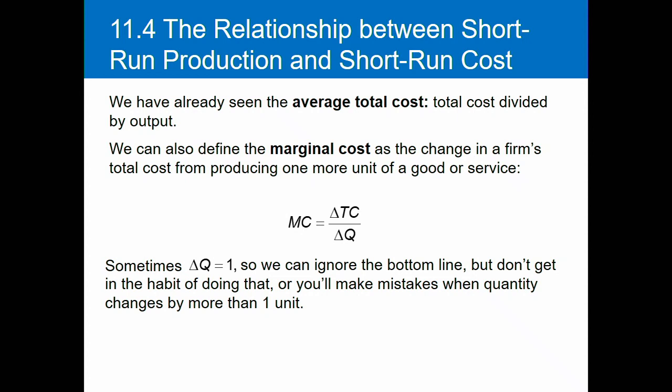It doesn't have to equal that, but we're going to keep it simple, so you only have to worry about the change in the total cost. If we had increased Q by 3, then you'd have to divide the change in the total cost by 3. We're just going to work with 1, keep it simple, so it's more intuitive.